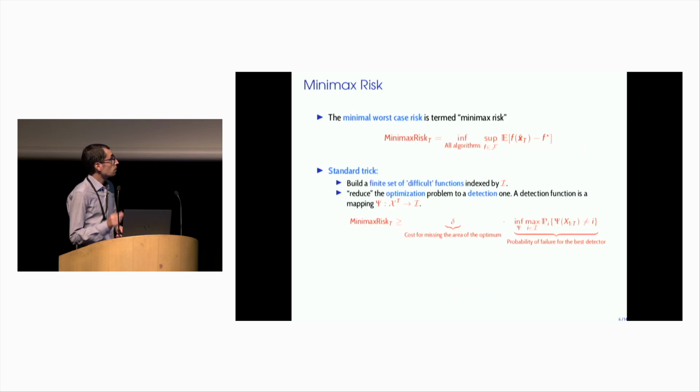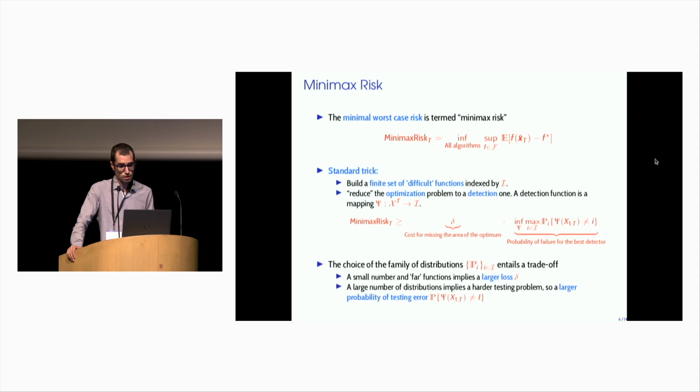One of the ways to characterize the complexity of the problem is to consider the minimax risk, which is the best worst-case error over all algorithms. The standard recipe to develop bounds on this minimax risk is to first build a finite set of functions that are difficult, then to reduce the optimization problem to a detection one.